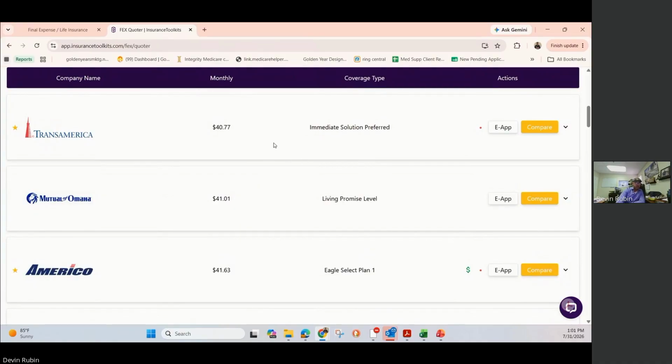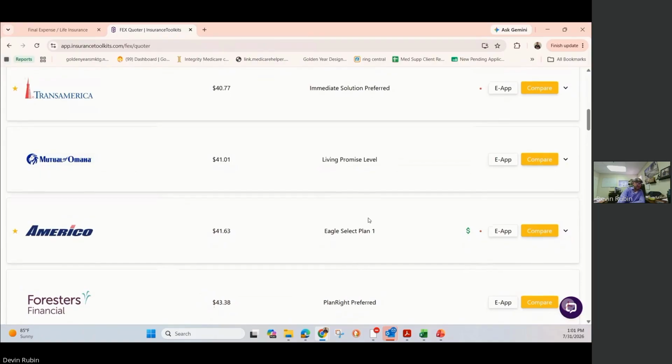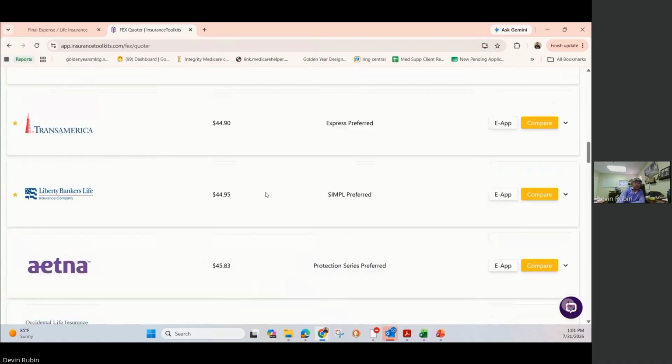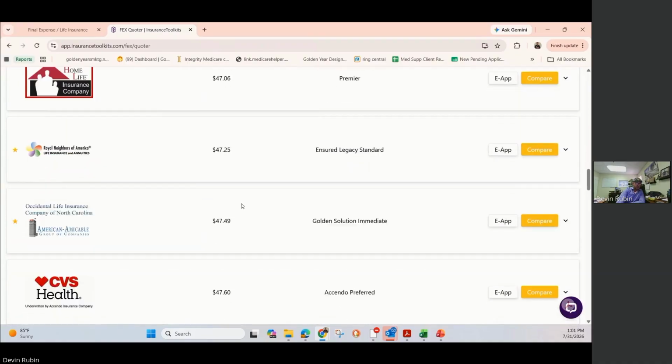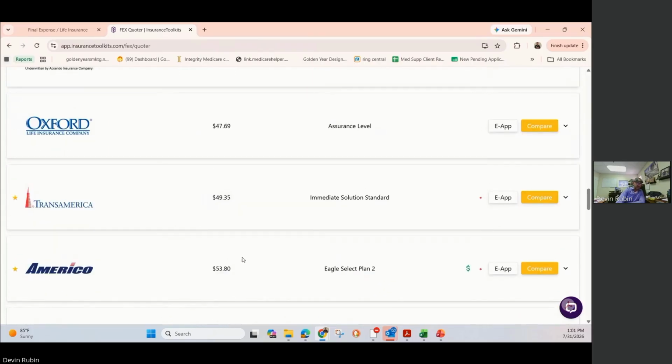And the quote engine will tell you what the lowest price company is. So you can see on the screen, Transamerica and Mutual of Omaha generally are lower cost options. Aflac, Corebridge, Transamerica, Aetna, Royal Neighbors, which is a good product to write for diabetics, Ascendo or CVS is around $47.